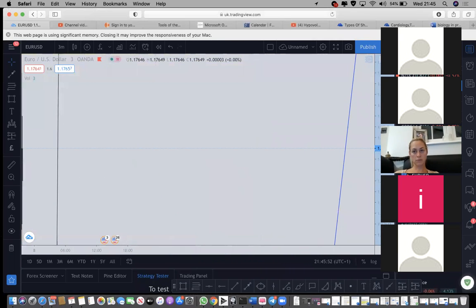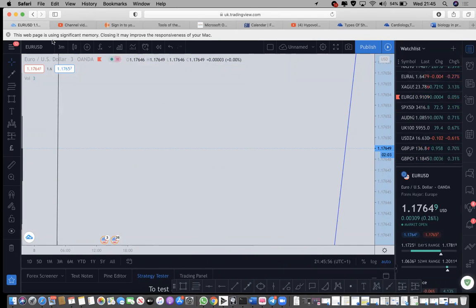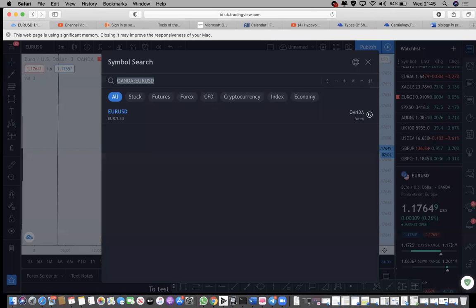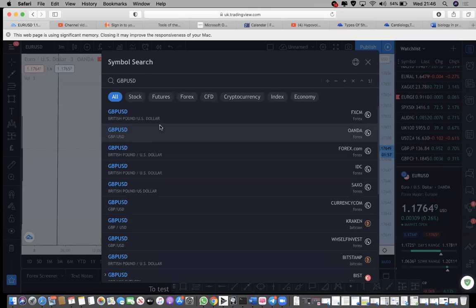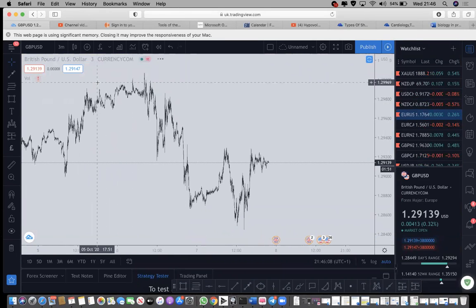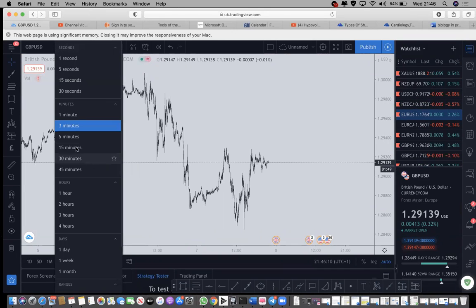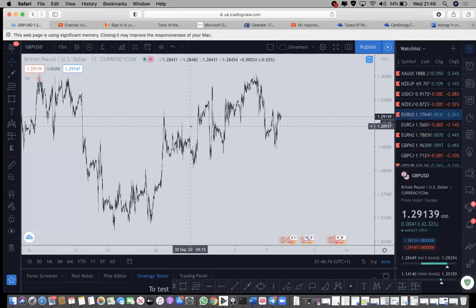Let's find a different example. Where do we see a likely shape of a Wyckoff schematic around this area?